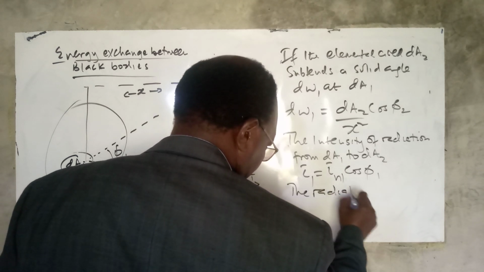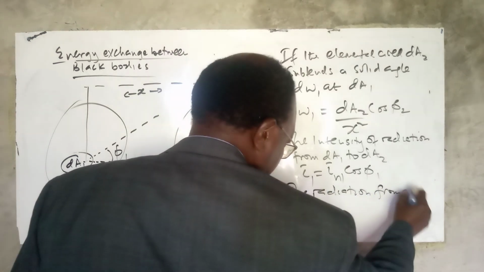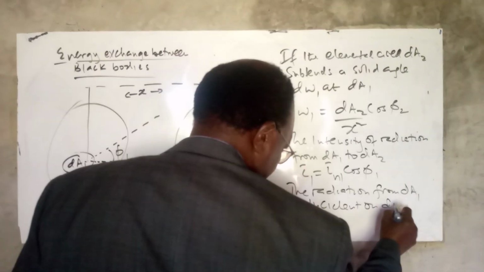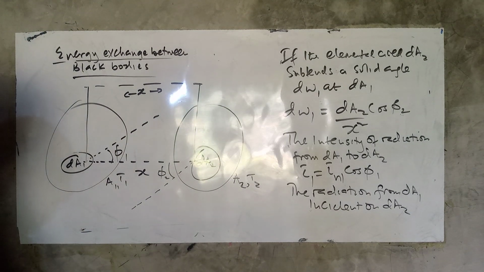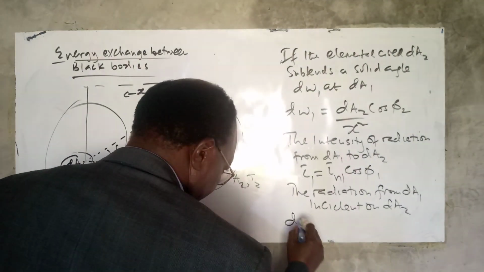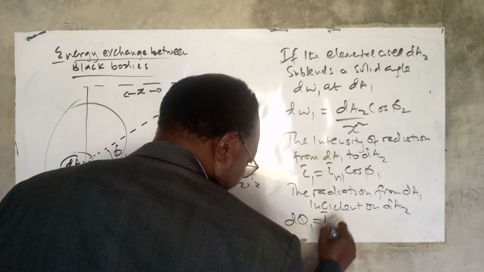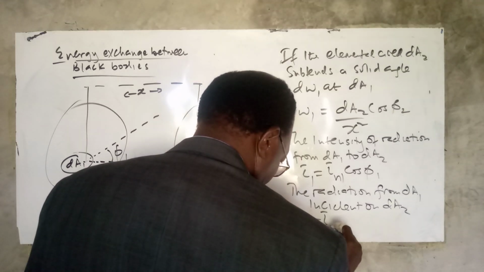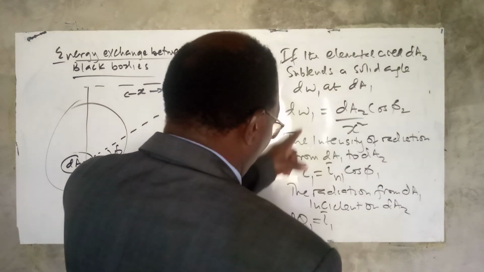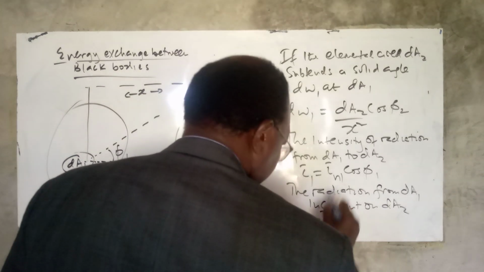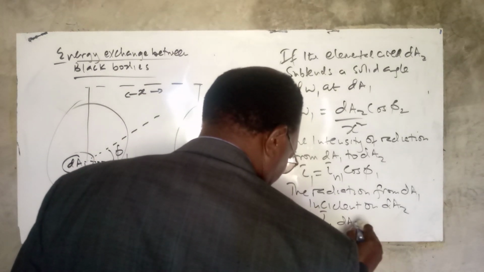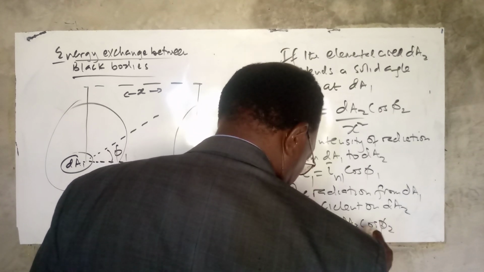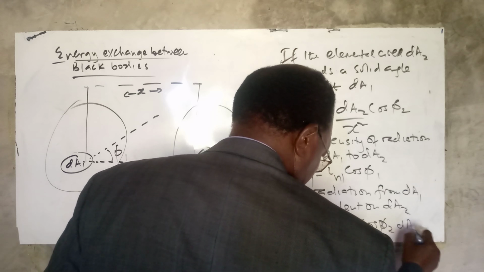The radiation from dA1 incident on dA2 will be given by dQ1 equals I1, and you know what I1 is, times dA2 over x squared cosine phi 2 times dA1.